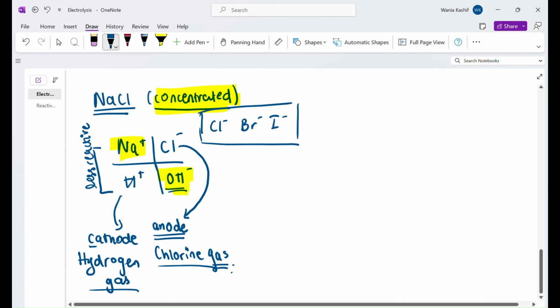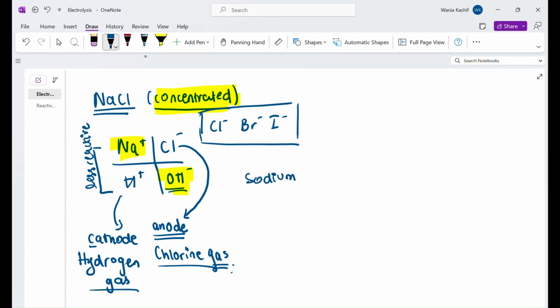Therefore, you will get sodium hydroxide as a third product, which is obviously a very important base in chemistry overall. So if they give you 3 blanks as to how many products are there, or name the products that are formed by the electrolysis of concentrated sodium chloride, you're going to say hydrogen gas, chlorine gas, and sodium hydroxide.